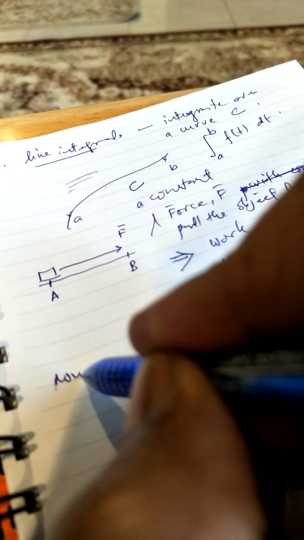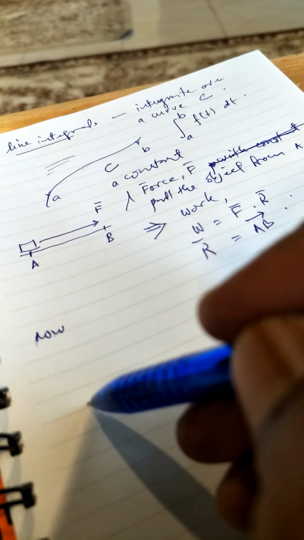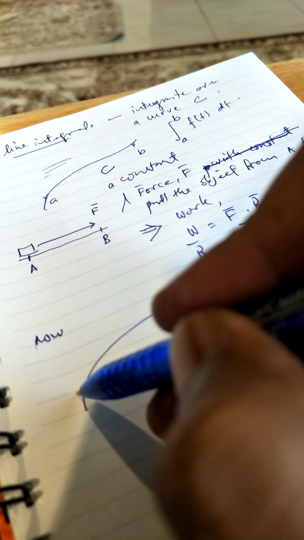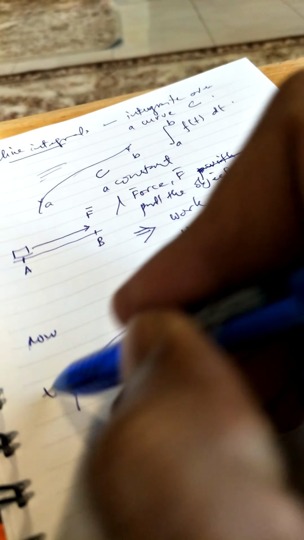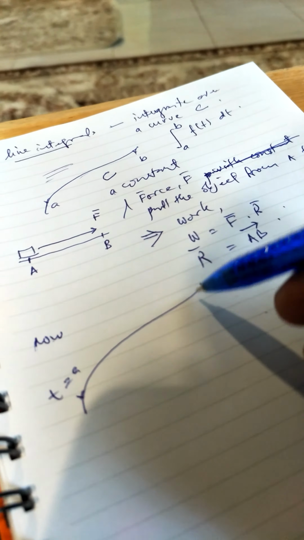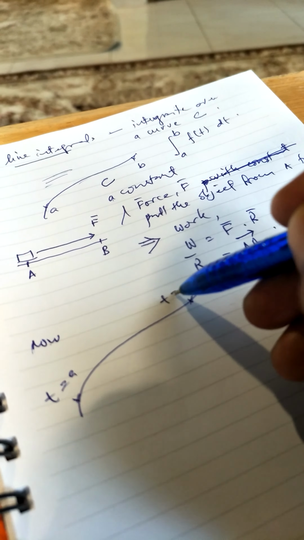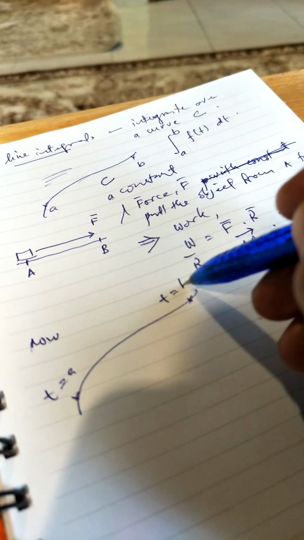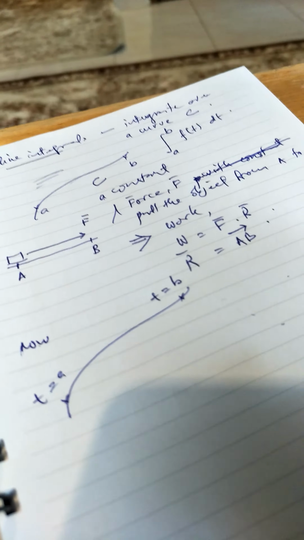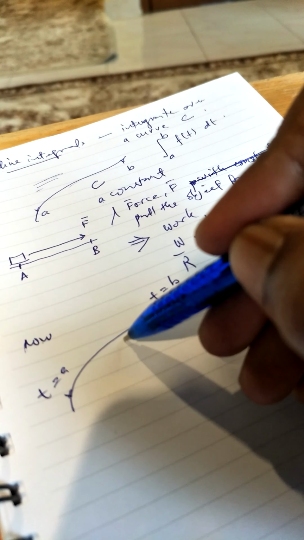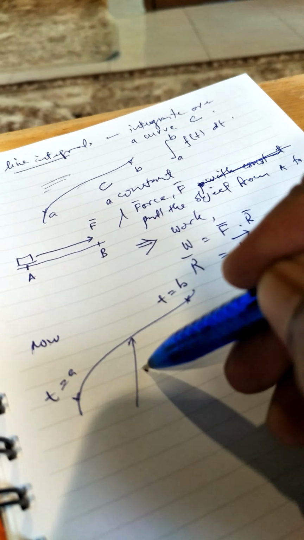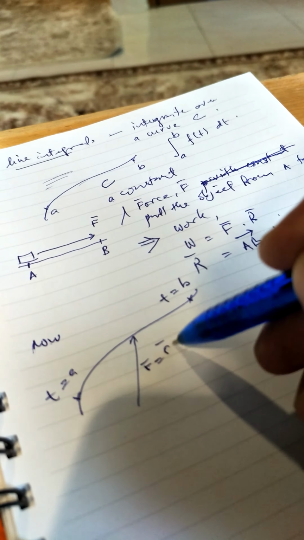Now we consider those objects. Consider from a point, let's say A at t equal to A, to some point t equal to B. So this is some position vector, let's say R(t).